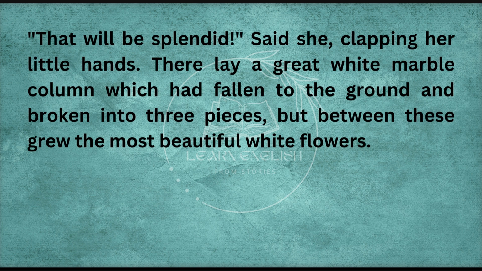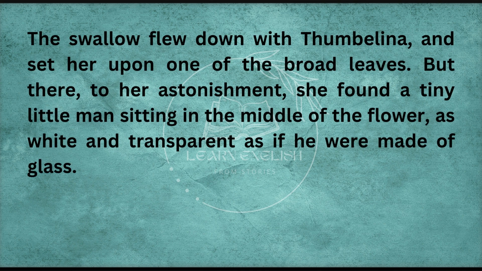There lay a great white marble column which had fallen to the ground and broken into three pieces, but between these grew the most beautiful white flowers. The swallow flew down with Thumbelina and set her upon one of the broad leaves.